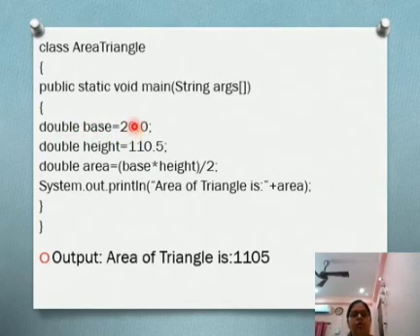As I have told you, this is your fractional number. Now double height, 110.5. We are finding the area in this program. Area of a triangle is base into height divided by 2, and this is how you will get the area of a triangle.